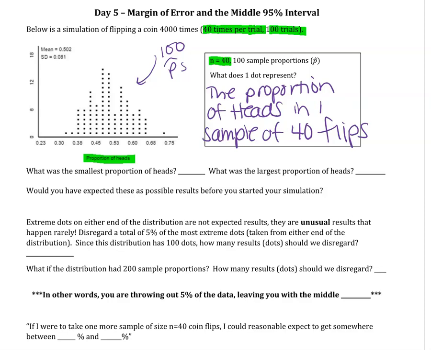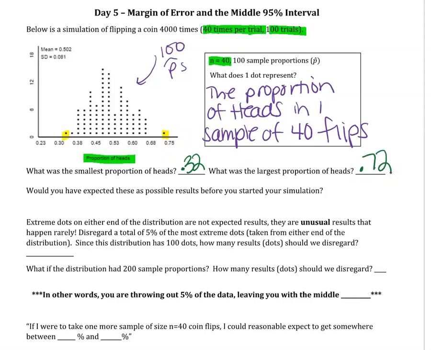So if you take a look at our distribution here, I have my lowest p-hat right there and my highest one over there. Now the x-axis, to be honest, isn't great, so I'm just going to estimate. I'll say my smallest p-hat, or proportion, was 0.32, and the largest is 0.72.